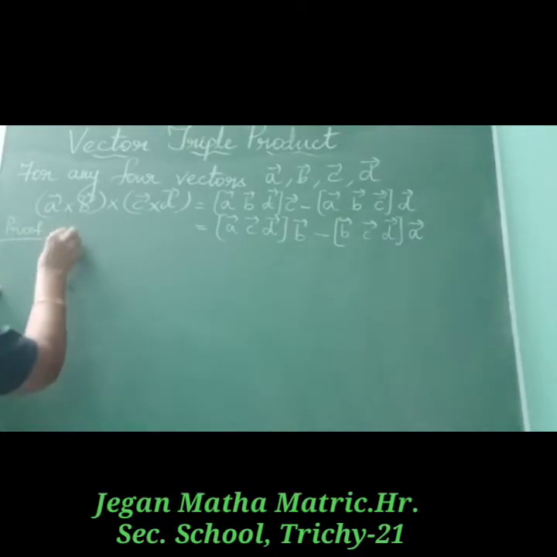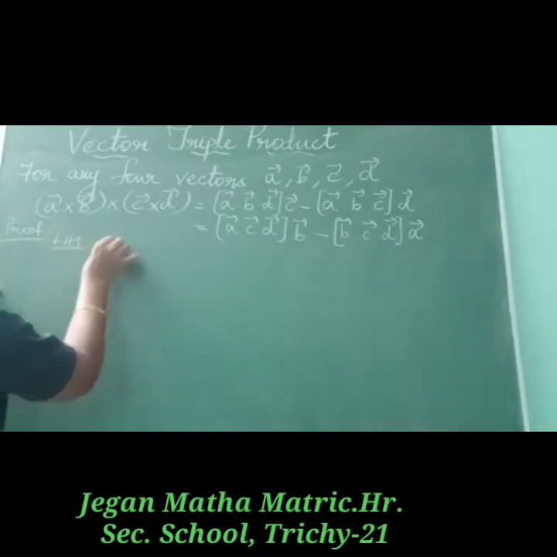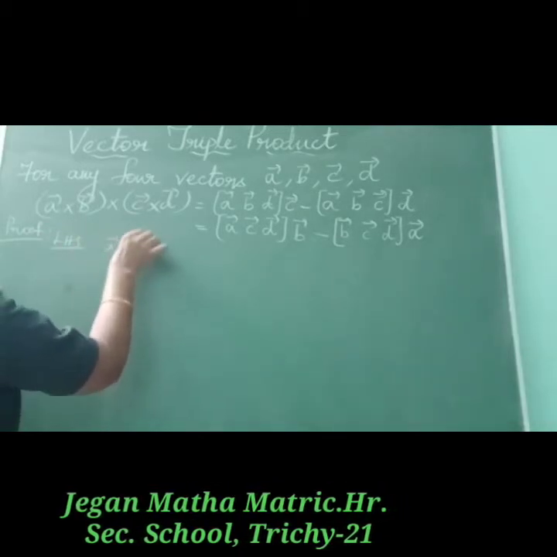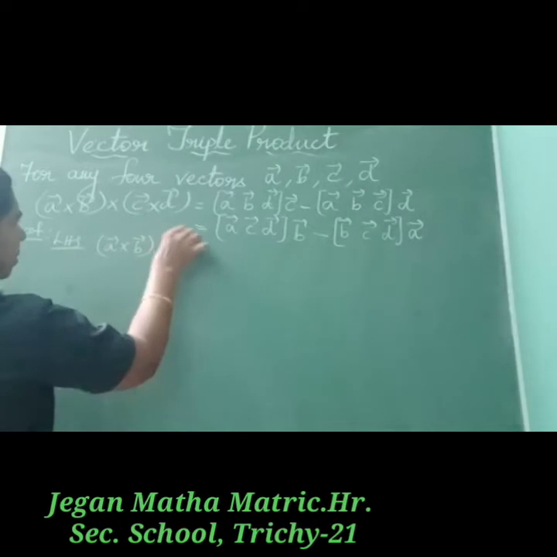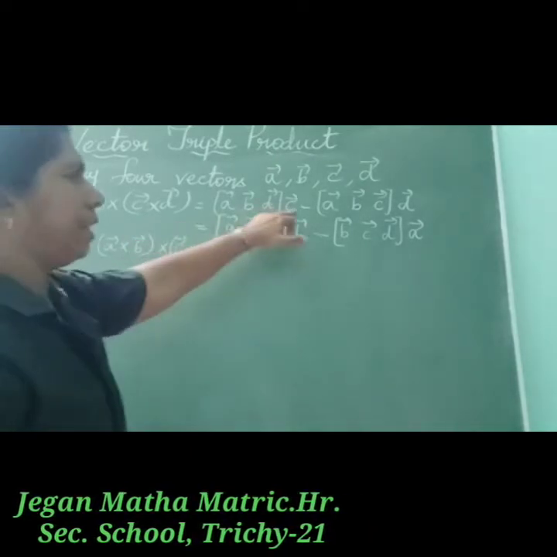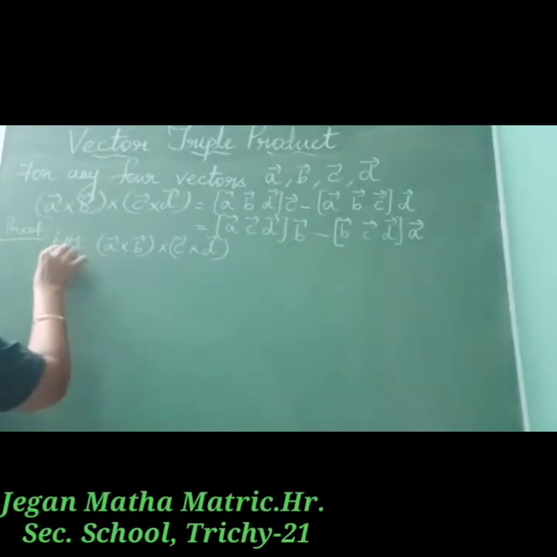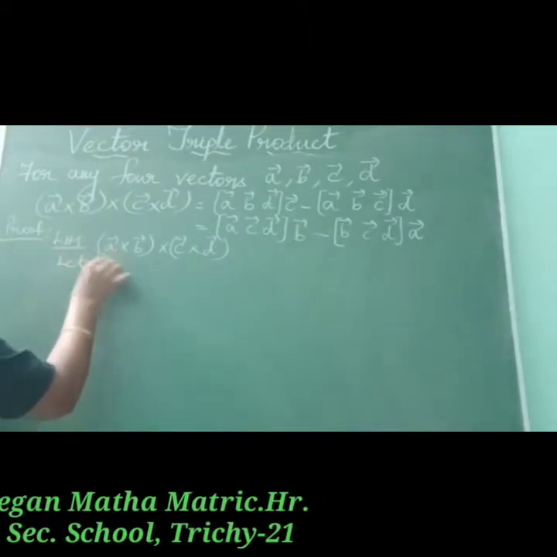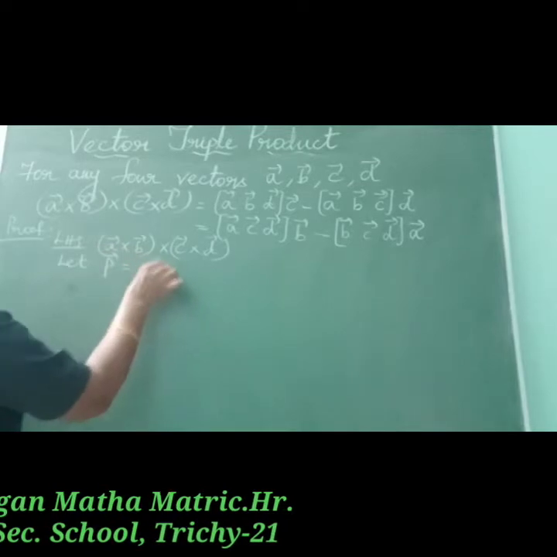To prove the first result, let P be equal to A cross B.